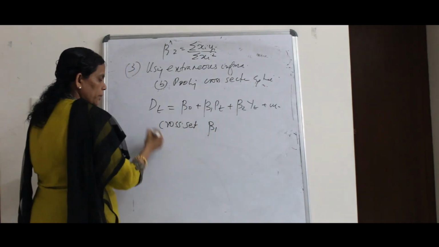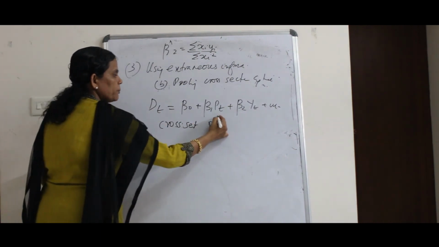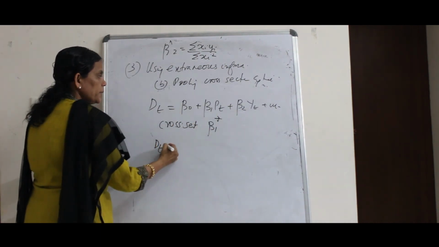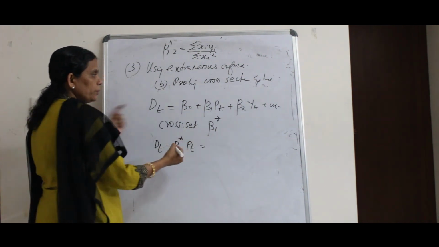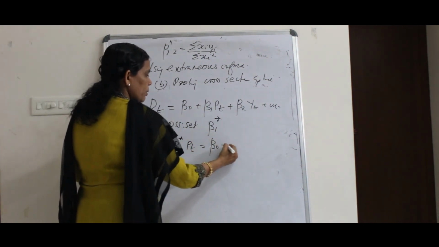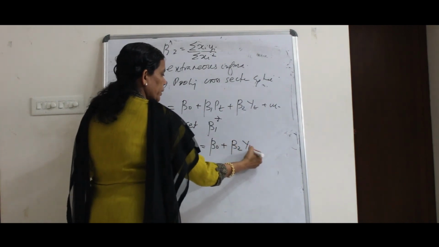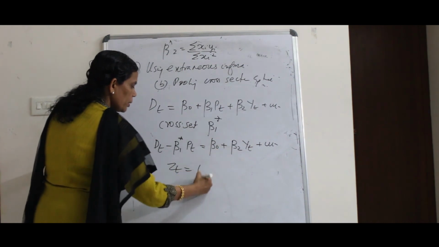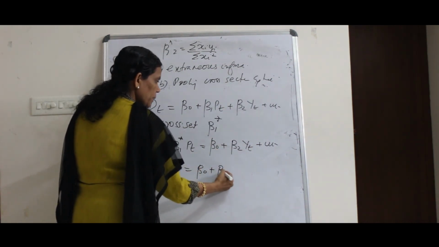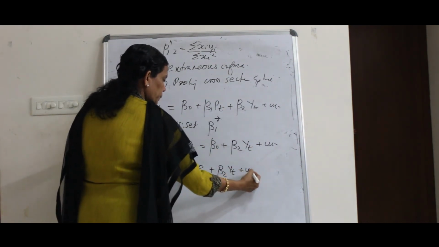Suppose it is beta 1 hat, then Dt minus beta 1 hat Pt is equal to beta 0 plus beta 2 Yt plus ut. Or you can write this as Zt = beta 0 + beta 2 Yt + ut.